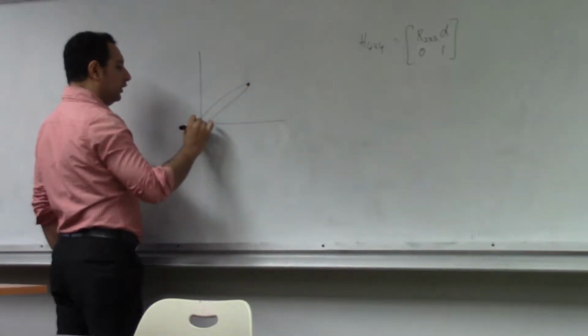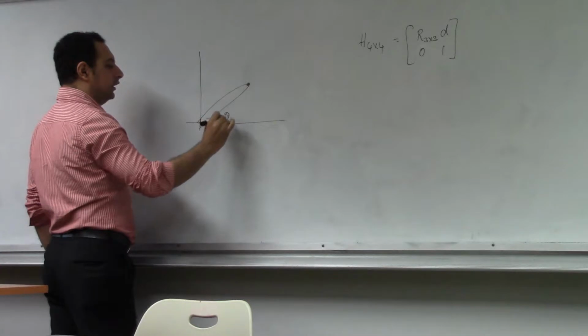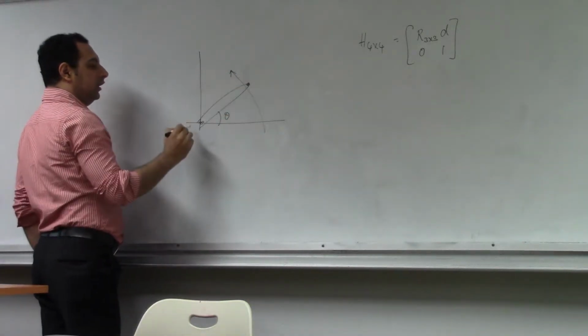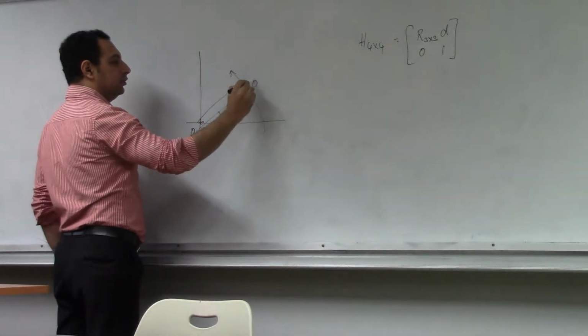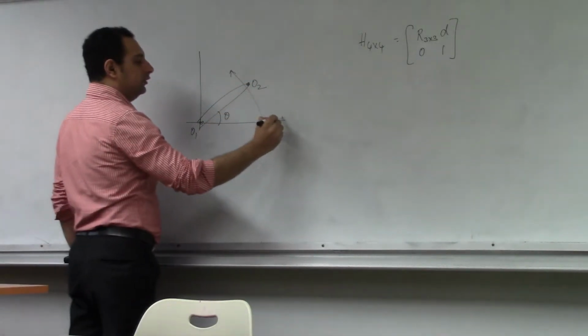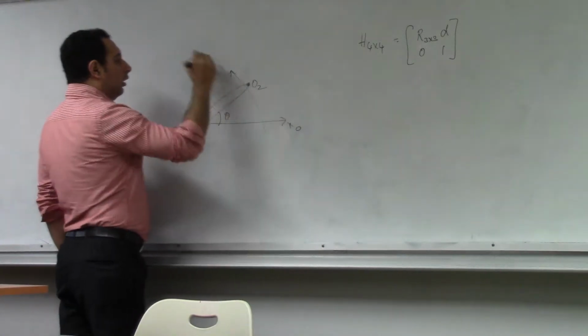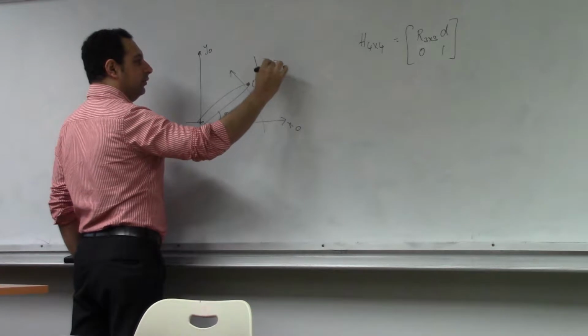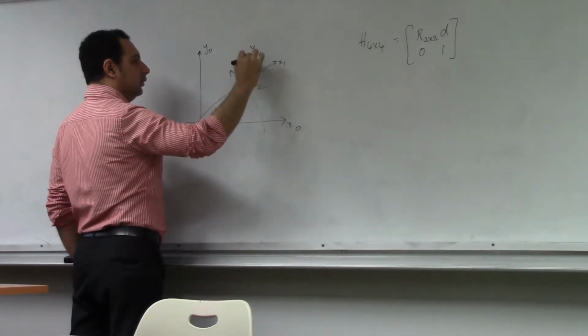Let's say this is only 1 degree of freedom. If this is O1 and this is O2, you have one frame here, X0 and Y0. Here you have another frame, X1 and Y1.